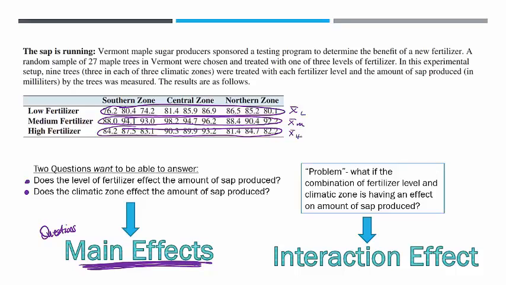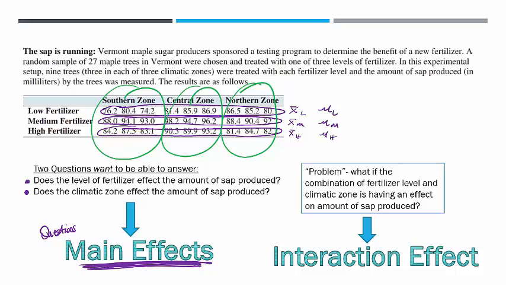Eventually those numbers are measured and looked at, and that will help you understand if there's a fertilizer effect, right? If, based on these sample means, the population means for all the maple trees are going to be the same. You could do the same for each climate zone, right? You could separate it into 9 trees in each climate zone and do a similar thing.